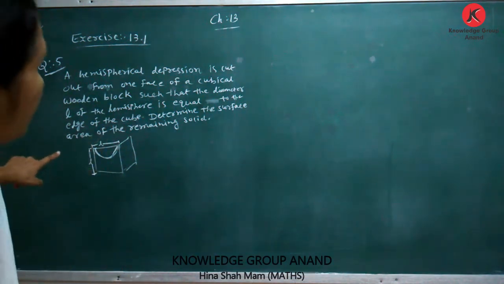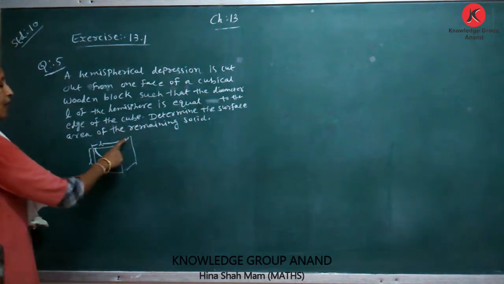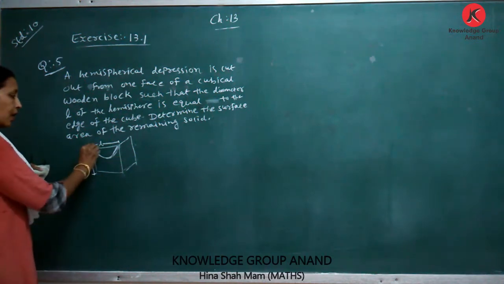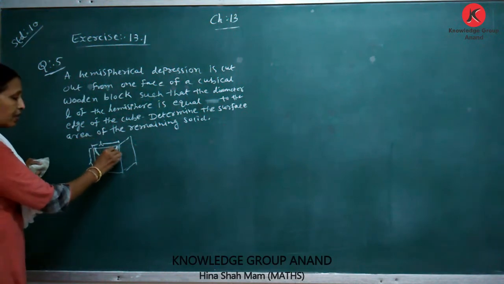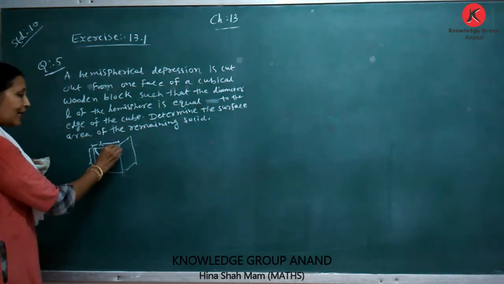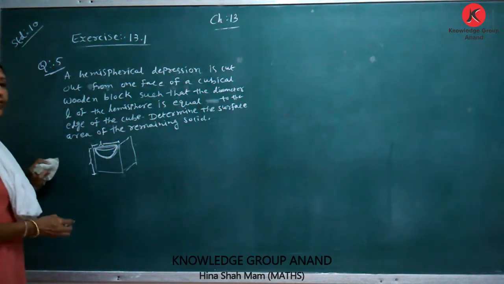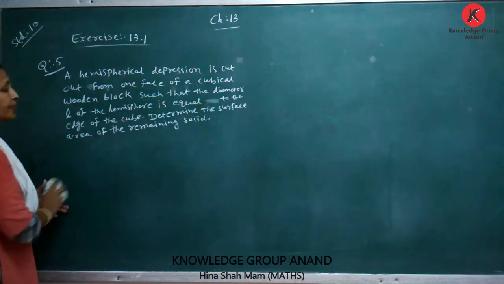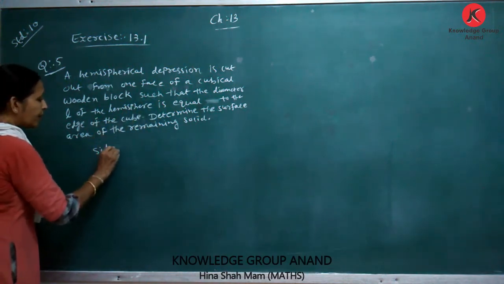Now it is the total surface area of cube plus curved surface area of hemisphere minus area of base of hemisphere. L is the length of side of cube.